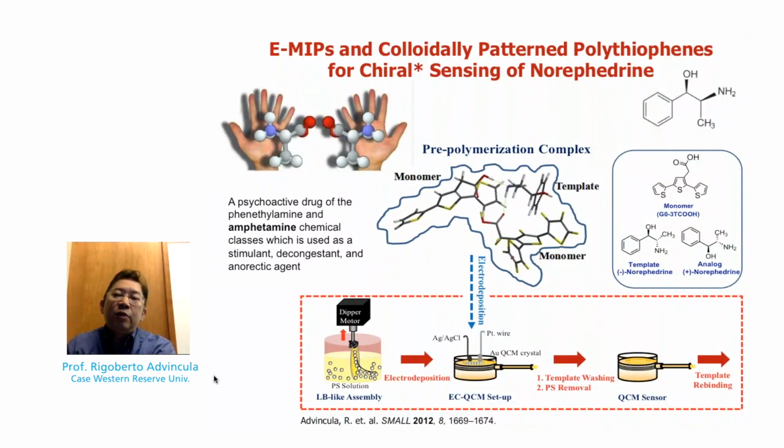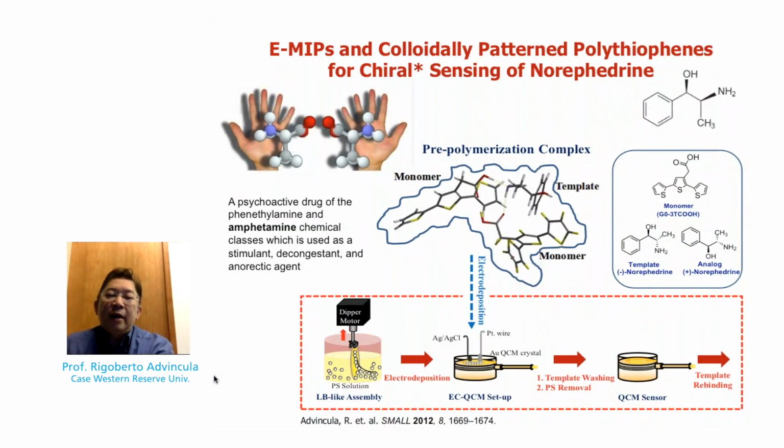We have also utilized a technique based on molecular imprinting as well as definition of arrays to differentiate chiral sensing of norepinephrine. Of course, only one form is active, one enantiomer, as an amphetamine. On the other hand, the other is not. So can we use electromolecular imprinting to do this?